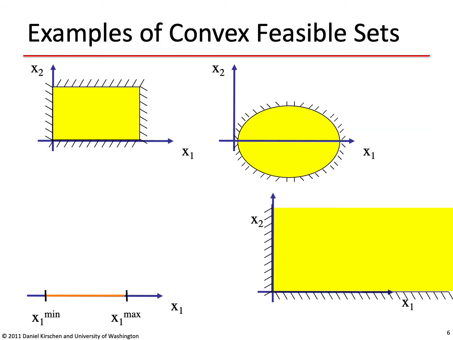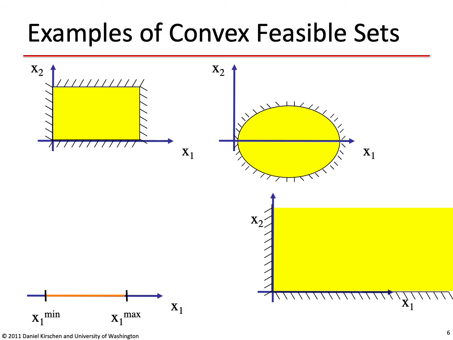Let's illustrate the concept of convex feasible set with some examples from a two-dimensional space. All of the examples shown on this slide are convex feasible sets. The areas shown in yellow are the feasible set, and everything outside the dashed area is not part of the feasible set.